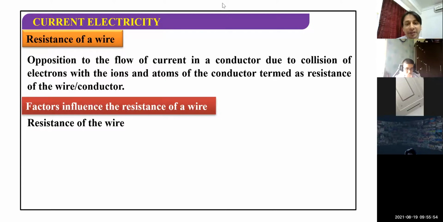In any electric circuit, children, please listen carefully, please pay attention. Factors affecting the resistance: how can we increase or decrease it, or is there any factor on which resistance depends?